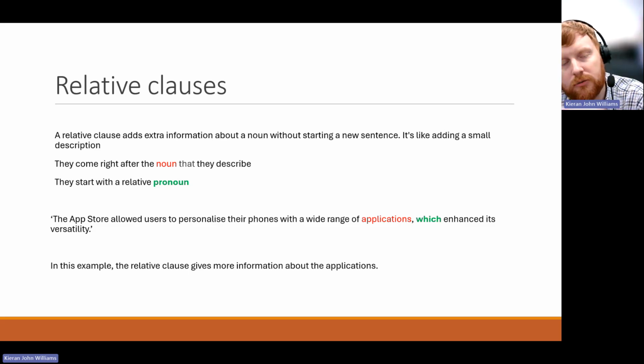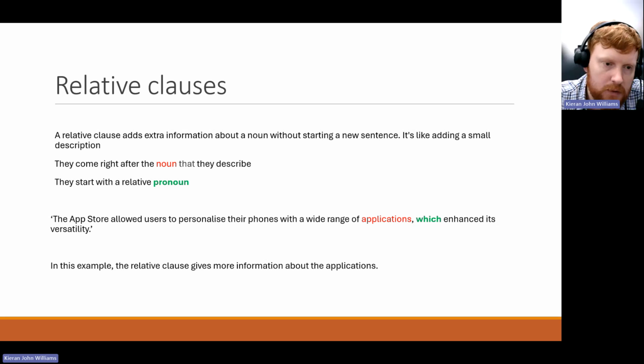But you don't start a new sentence, you include it in the same sentence. It basically gives you either a definition of the noun or extra information about that noun. The relative clause always comes immediately after the noun that you have described.